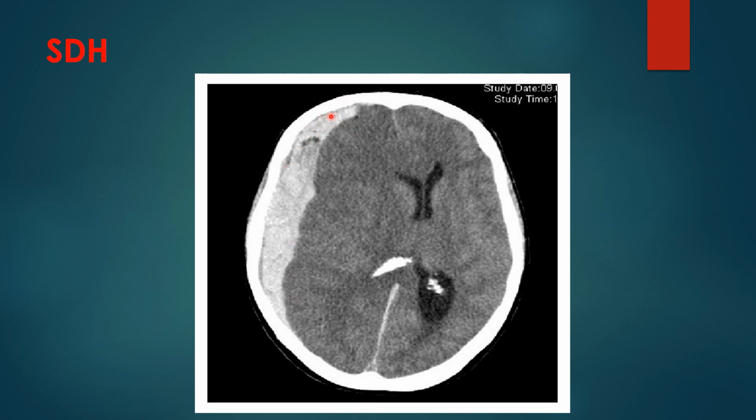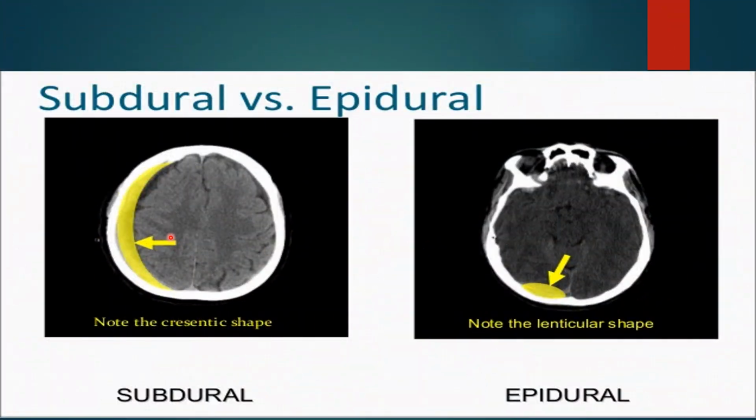So epidural hematoma in CT scan appears as a lentiform hemorrhage. Subdural hemorrhage is present as a crescent-shaped hematoma. Side by side, crescent-shaped, so it is subdural; lentiform or lenticular, so it is epidural.